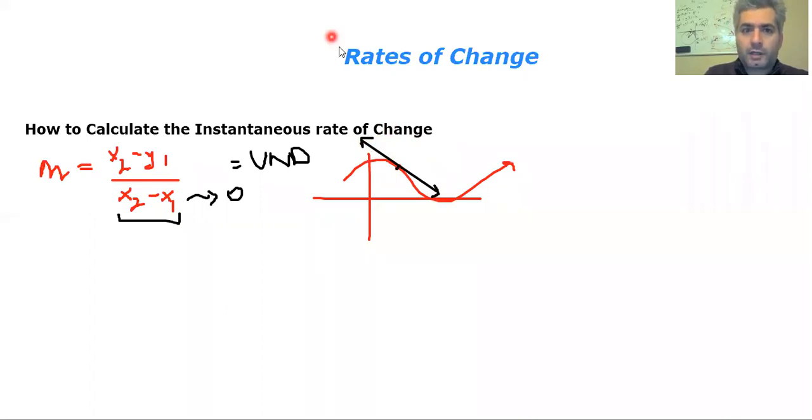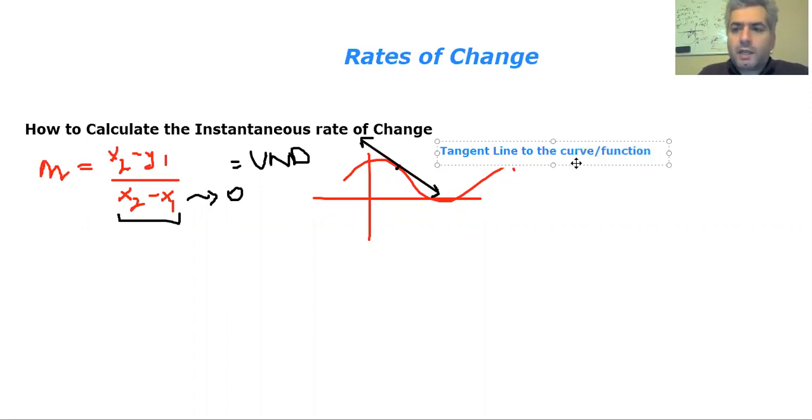So I'll just write that down here. We call this the tangent line to the curve, to the function. That's a tangent line to the curve or to the function at that particular point.